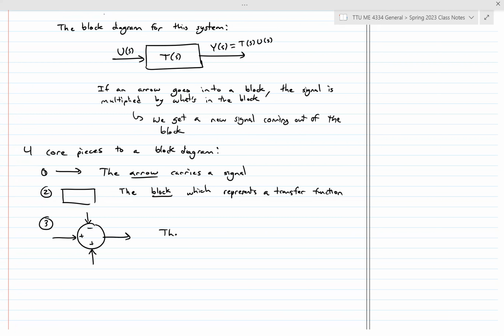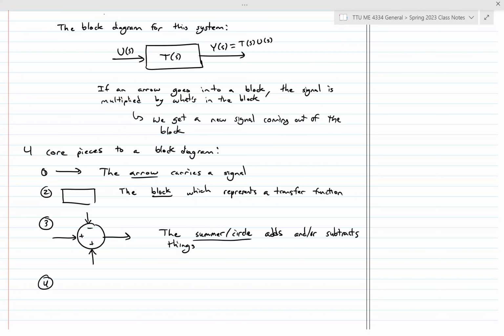The summer or the circle adds and or subtracts things. The block is like a multiplier, usually with a transfer function in there. A summer circle adds or subtracts things.